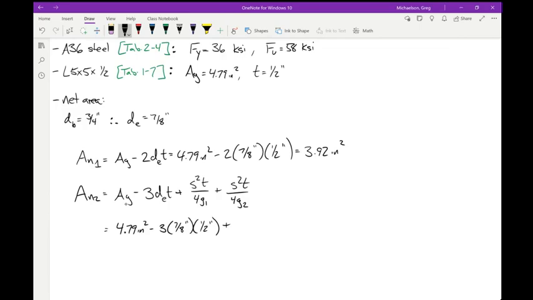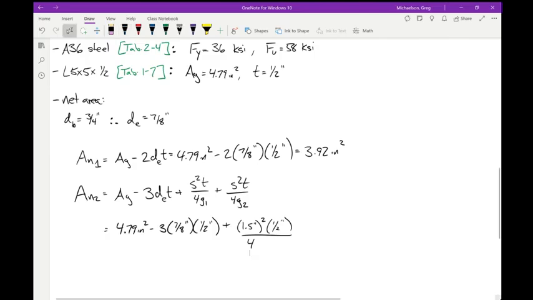Okay, so now let's see if we can reason through this. What's our S value again? I think it was Mr. Enoch that pointed that out. What was our S value? 1 1/2 inches. And that's squared times a 1/2 inch over 4.